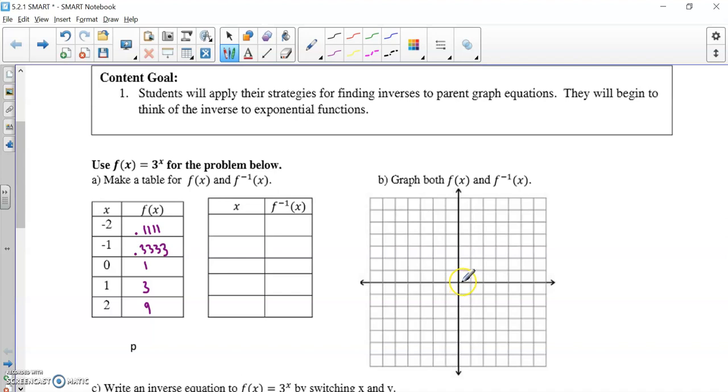Keep in mind this is going to be an approximation, so I'll guess where 0.111 falls. It's probably going to be somewhere around there. Same with 0.333. Then 0, 1, and 3 get easier, and 9 doesn't really fit on our graph, so we're just going to draw our curve with what we have.